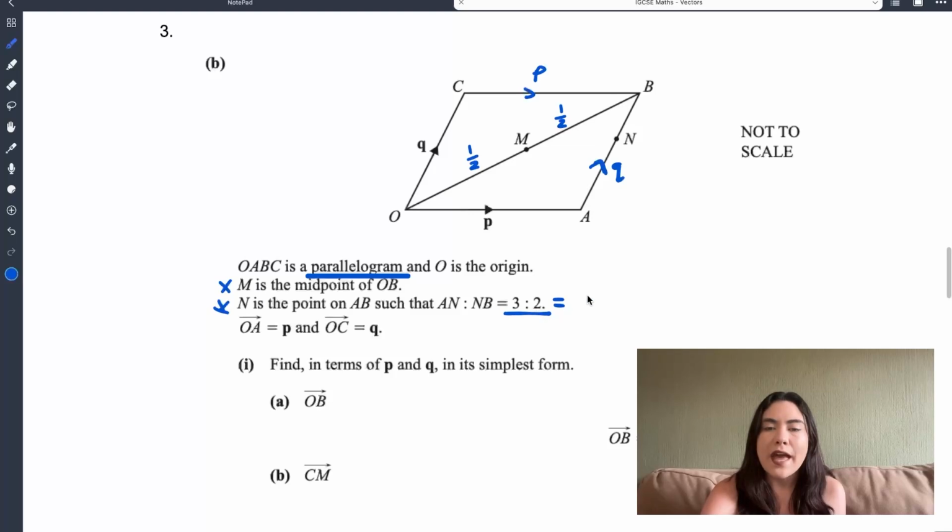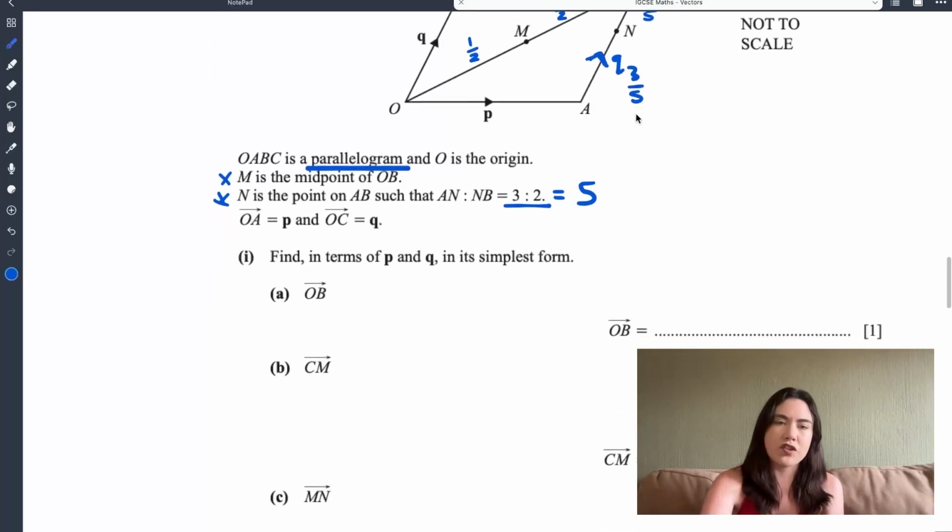So again, we add these, so we get 5. That means the longer line is going to be 3 over 5, and the shorter line will be 2 over 5. We know that AB is q, so that means that A to N is 3/5 of q, and N to B is 2/5 of q.